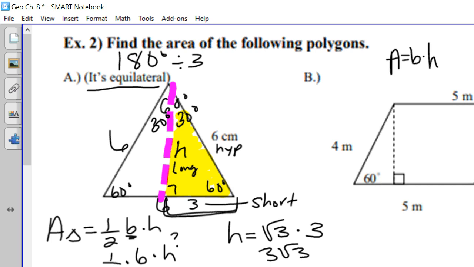So we got 1/2 times 6 times 3√3 is our area. Okay, half of 6 is 3. 3 times 3 is 9, and we don't have any other square roots to play with our square root that's in there, so it just stays √3. So the area is 9√3.